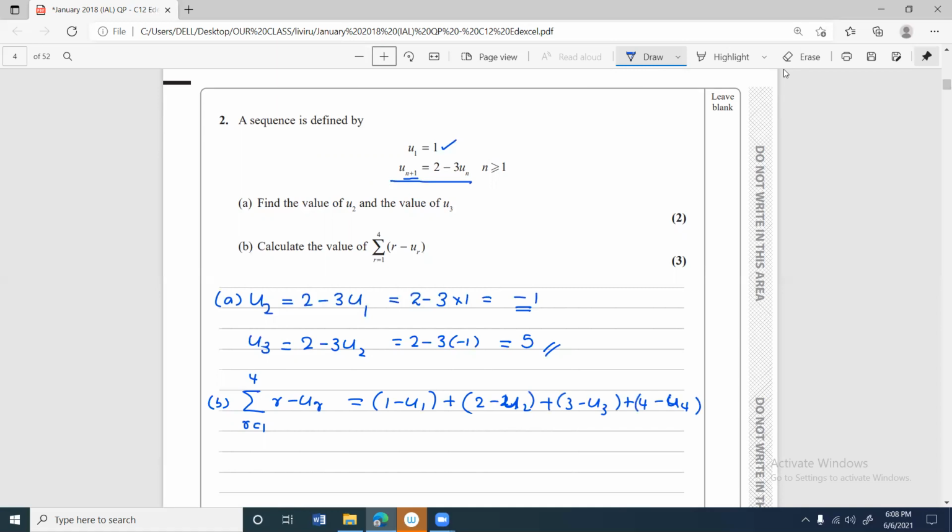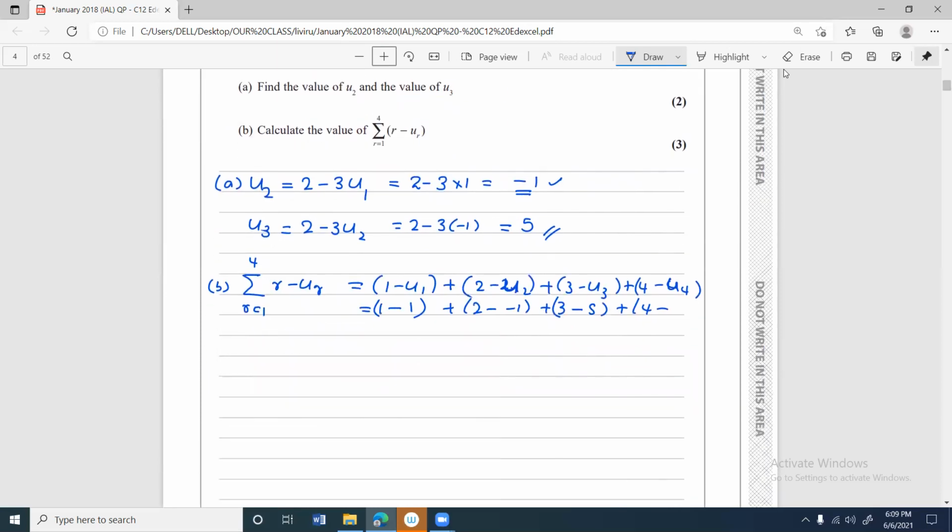This is a fact we need to understand. So for this case, you can say 1 minus u1, and u1 we already know is 1. The next one is 2 minus minus 1, because we already found u2 here. Plus 3 minus u3, which is 5, plus 4 minus u4, which we need to find. Let's find u4 here.